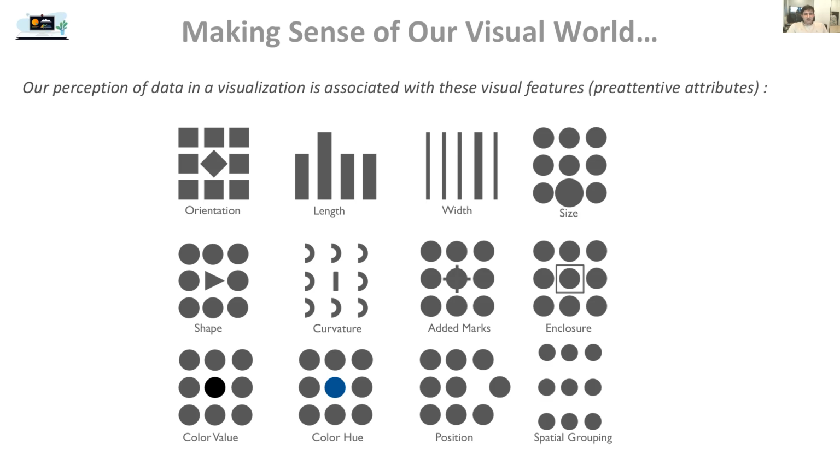Examples of these visual features or properties, as we showed in the previous lecture, include orientation, length, width, size, enclosure, added marks, curvature, shape, color value, color hue, which is the name of the color, position, and spatial grouping of the data.